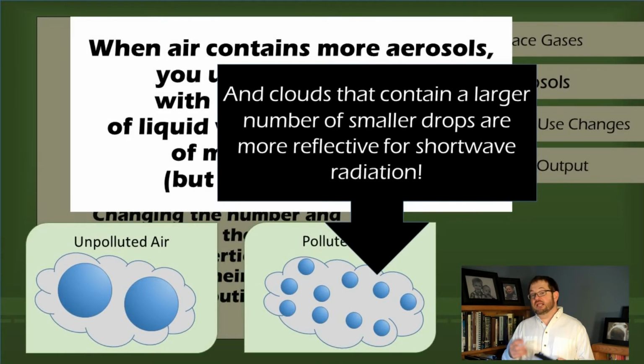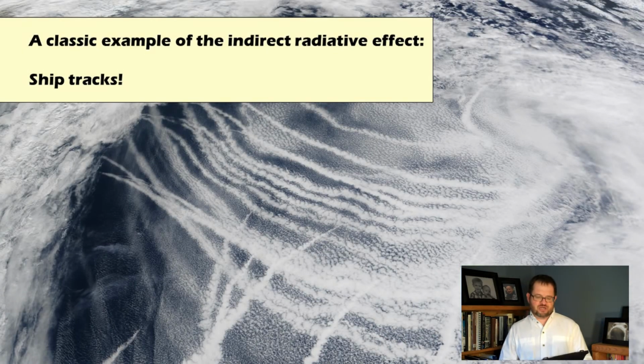Clouds that contain a lot of tiny drops have a much higher albedo than clouds made up of fewer but bigger drops. The classic example of this is what are called ship tracks. Here I have a satellite picture. There's nothing fancy here. This is literally what an astronaut would have seen looking down on a cloud deck. You see all those lines there? Each one of those lines is where a ship burning diesel sailed under this deck of clouds.